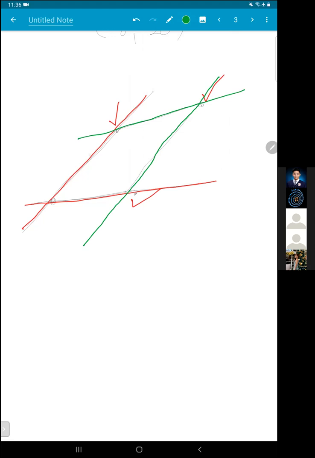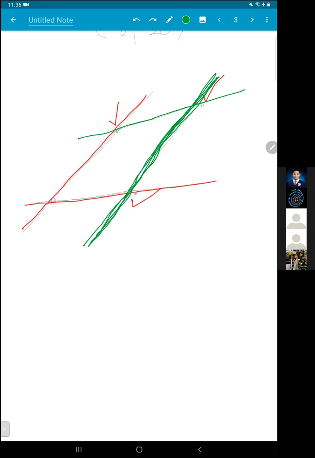Now we can get the equation of this line. Meron siyang point, given to. Pero, parallel siya dito. So you can get its slope using the slope of this one.